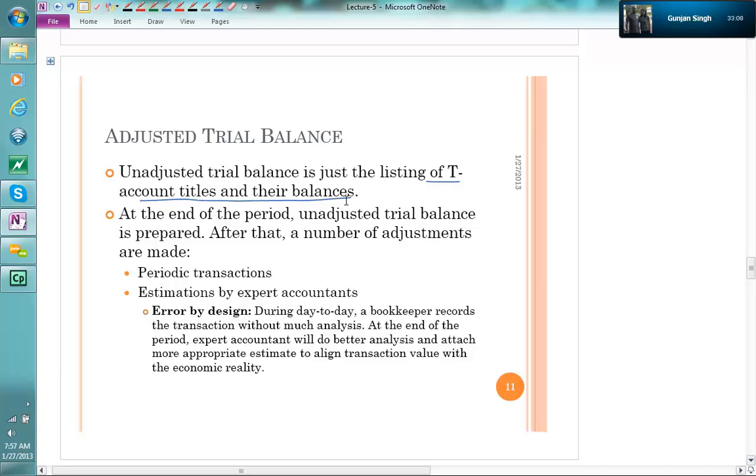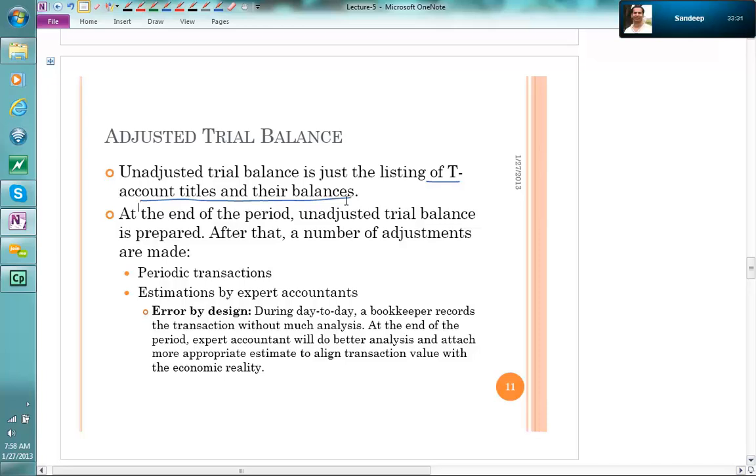Suppose you have to do certain things again and again, and you have to make a judgment about a particular transaction, about how much the amount should be. It's not always black and white. Sometimes you have gray areas, and you have to take a call on what the amount noted should be.